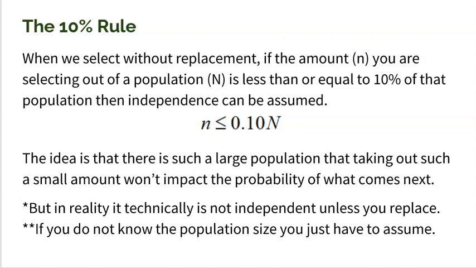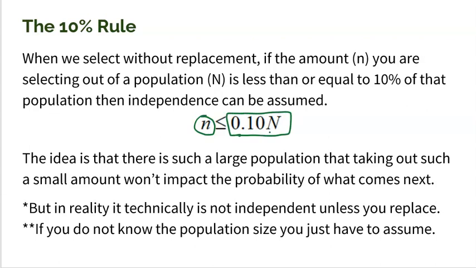It's not that much of a change that it matters. But the rule is this: as long as the amount you take out is under 10% of the total population, it's fine.